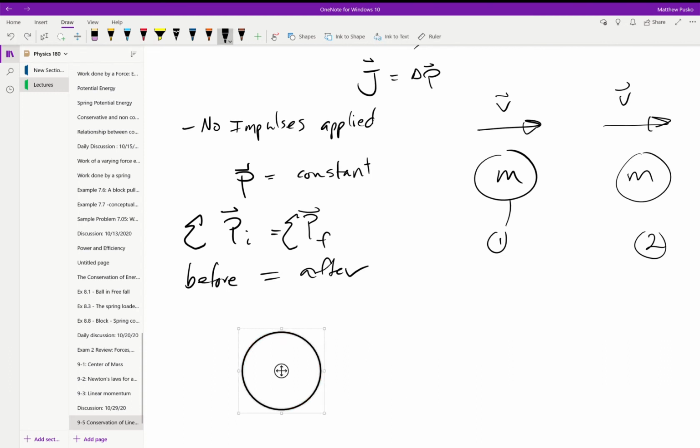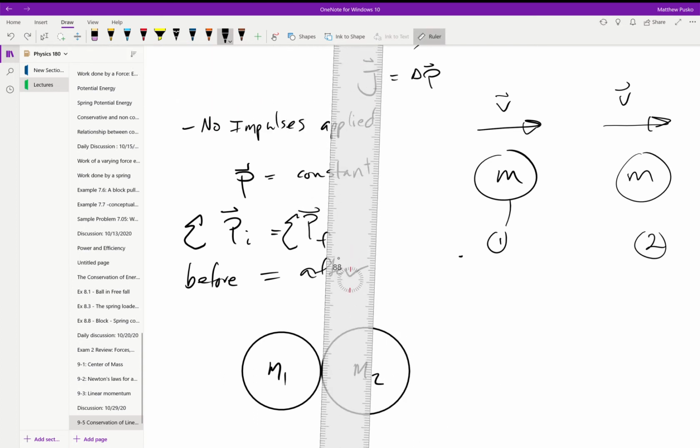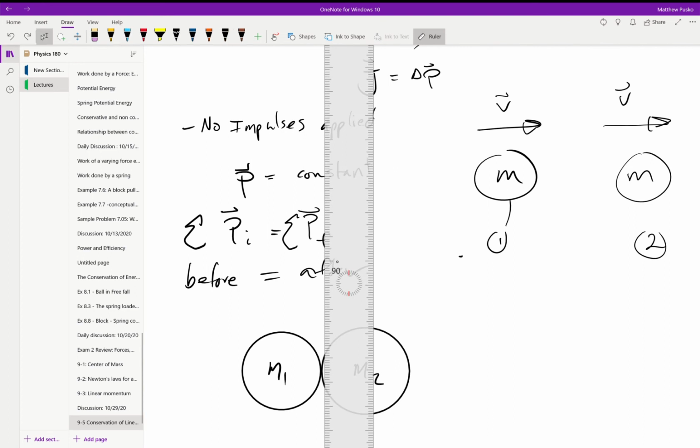If I could get another disc going. There we go. And they could have different masses, so we'll call this M1 and this M2. And some collision just took place. I'll talk more about this, but there's this line of impact.